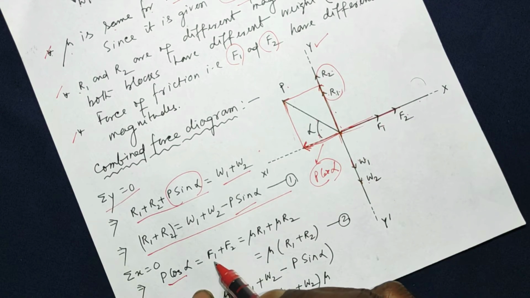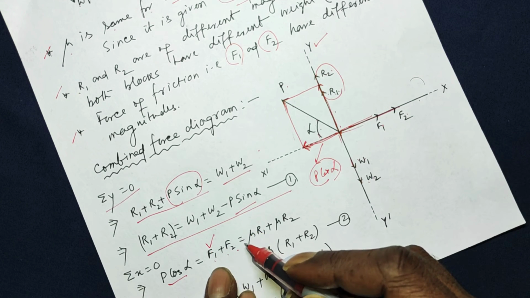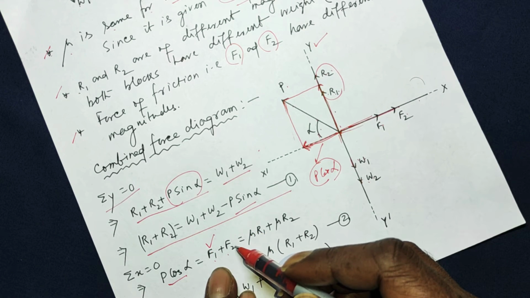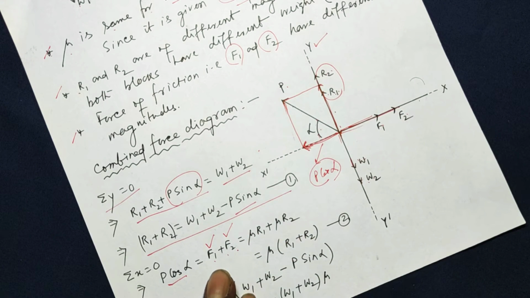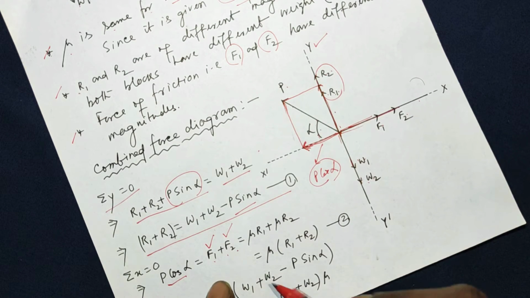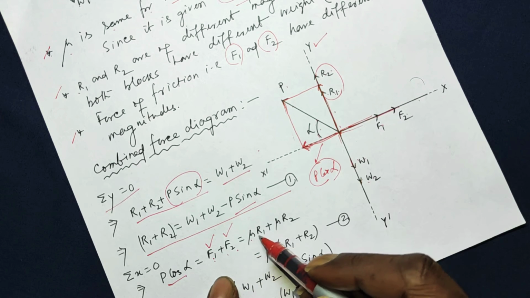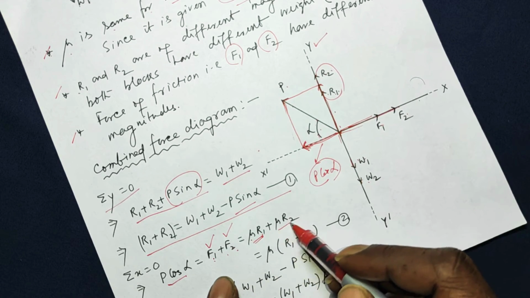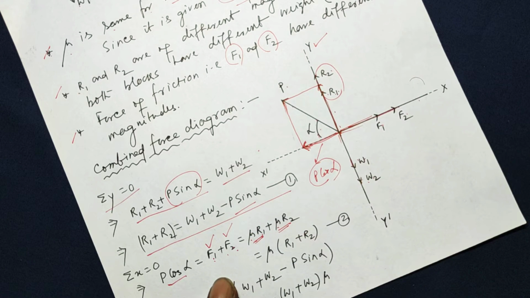So P cos alpha is equal to F1 plus F2, where capital F1 is the force of friction for the first block having weight W1, and capital F2 is the force of friction for the second block which is kept at a lower level. Since force of friction is mu times normal reaction, this will be mu times R1, this will be mu times R2, and mu is the same, as I just explained, because tan phi is given as the same for both of them.